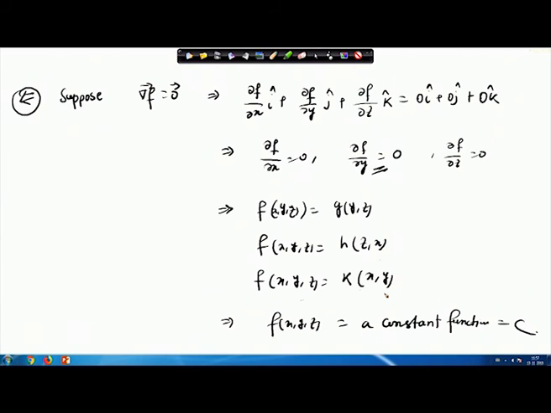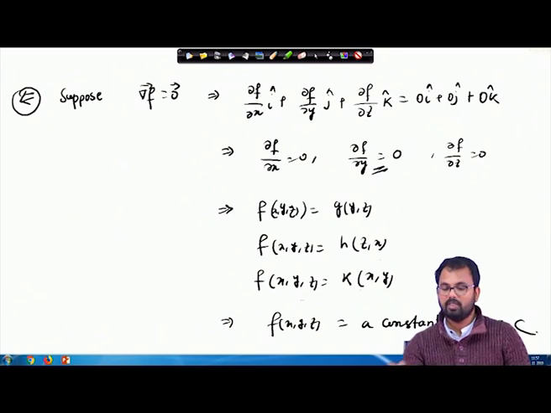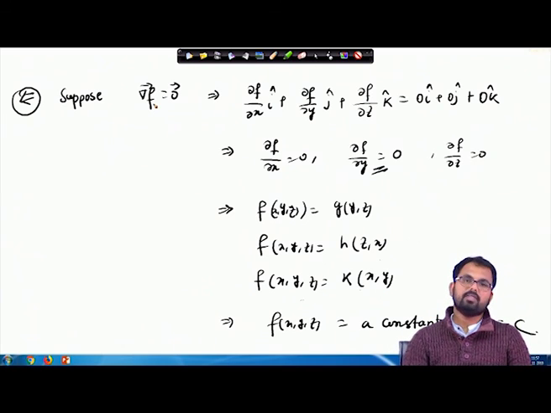That means f is independent of x, y and z, and since f is a function of 3 variables, the only possibility f has is to be a constant. It cannot be any other function. So, if the gradient of f is 0, then the function has to be constant, and if the function is constant, then obviously the gradient of the function is 0.